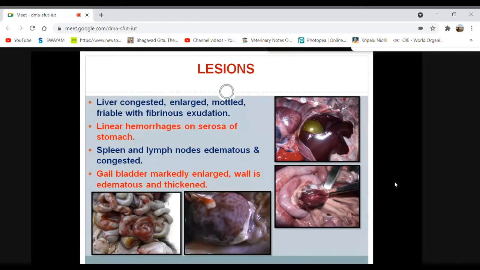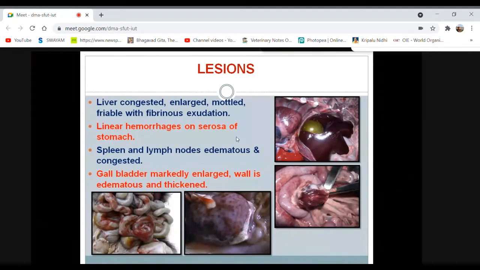So far as the liver is concerned, it is very much congested, much enlarged, mottled, friable, with fibrous exudation if you see from the outer surface. If you open the abdominal cavity, you will find it very much congested and much enlarged, with a mottled appearance, friable, easily breakable, and some fibrous exudation on the surface.